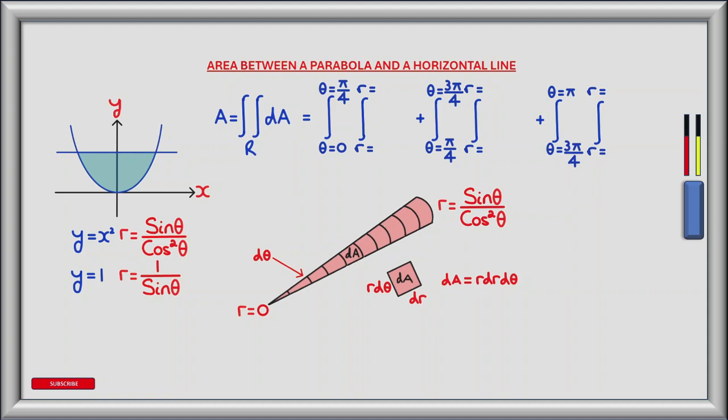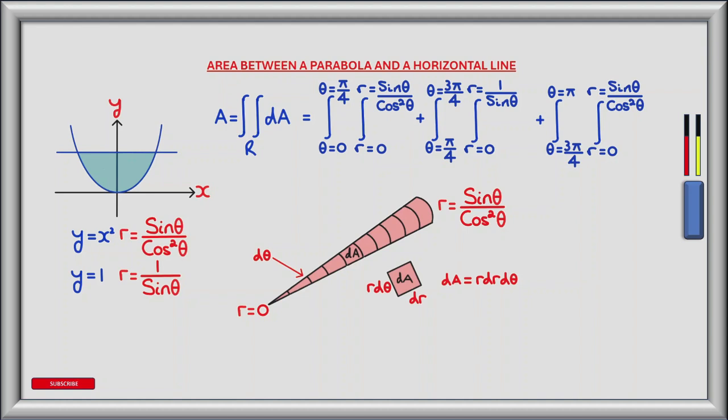Now we can add the limits of integration when we integrate or sum along the radial distance r for each of our three inner integrals. We saw that in the first, the lower limit was at r equals 0, and our upper limit was at r equals sine theta divided by cos squared theta. In the second, the lower limit was at r equals 0, and the upper limit was at r equals 1 divided by sine theta.